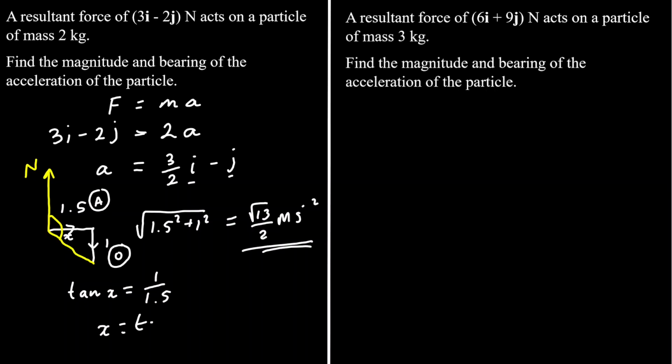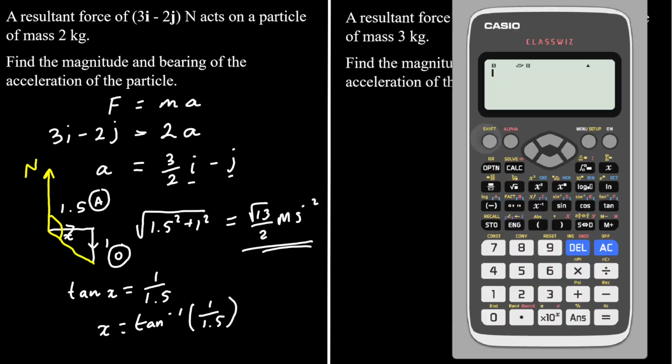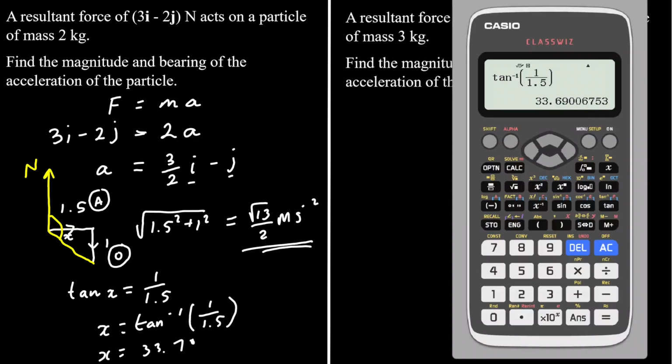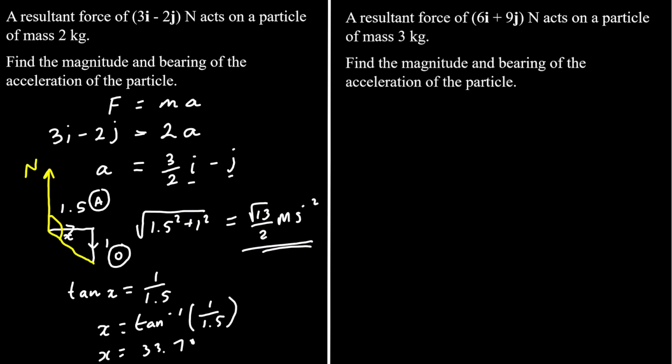So x is shift tan, 1 over 1.5, and we get 33.7. That's the angle x, 33.7. But we want to add 90 onto it. So 90 more, and I'll give it to three significant figures, 124 degrees.